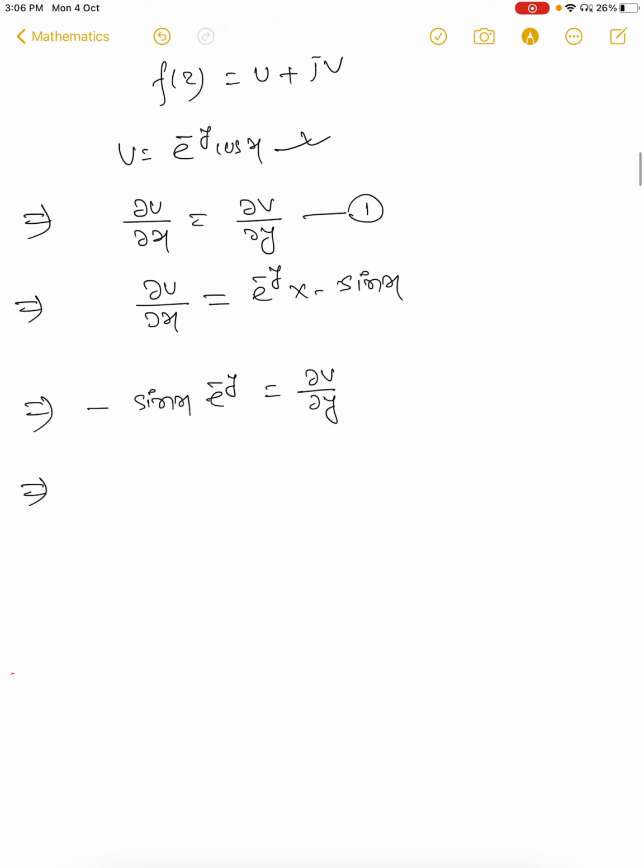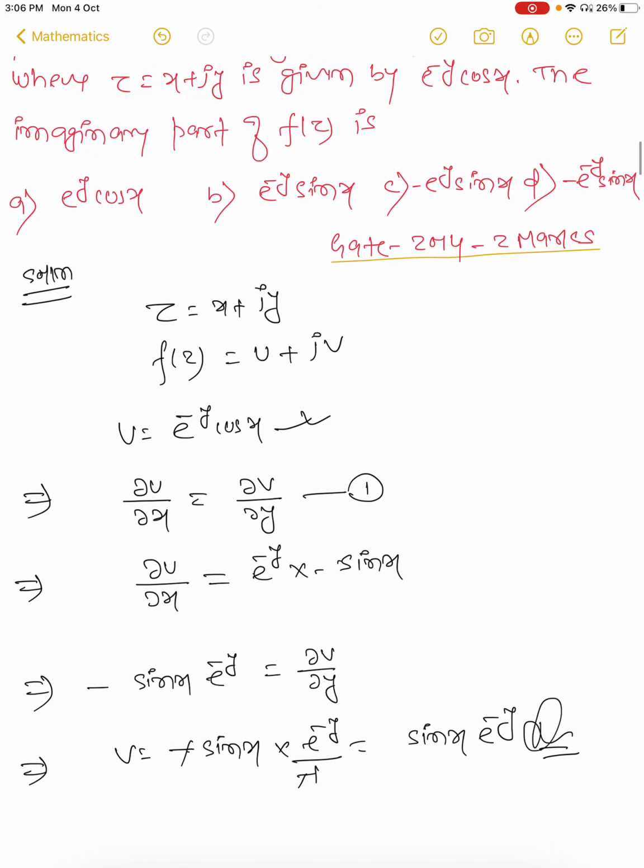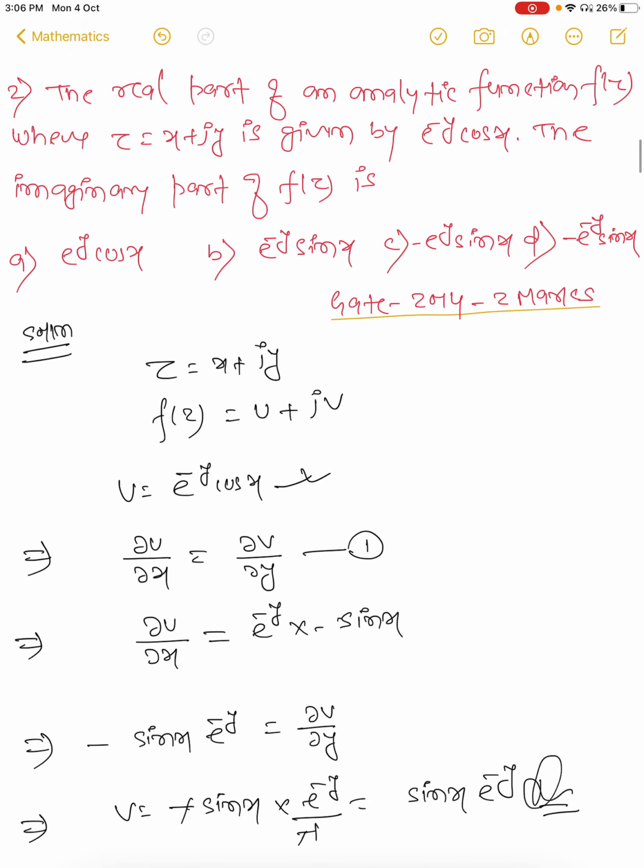Now integrate it in terms of y. Then v is equal to, with sin x constant, minus sin x times e to the minus y upon minus 1. The minus signs cancel out. So e to the power minus y sin x, option B will be the right answer.